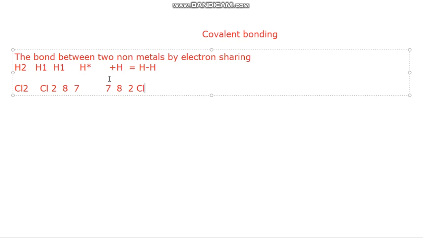Each atom tends to reach the electronic configuration similar to the nearest noble gas. The nearest noble gas for chlorine is argon, not neon. Neon, Ne, has 10 electrons.